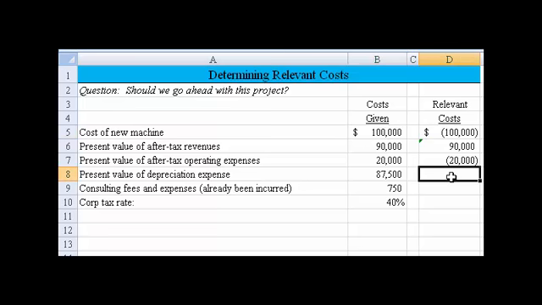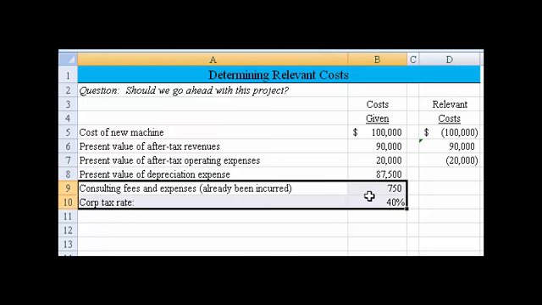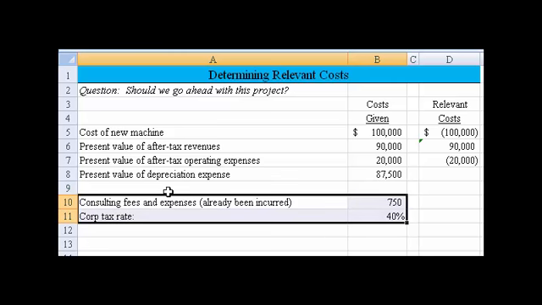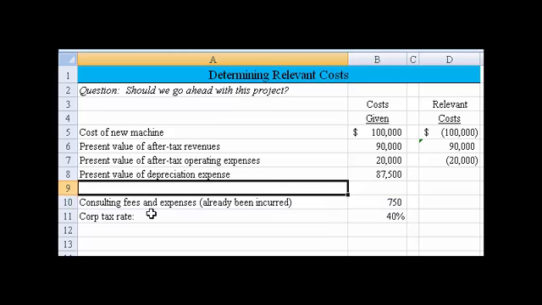Okay. Then we get to the present value of depreciation expense. Well, the present value of depreciation expense is not exactly what we want to use. Let me move this down to show you what we would use for relevant costs. What we really want to see would be the present value of the tax savings from depreciation.